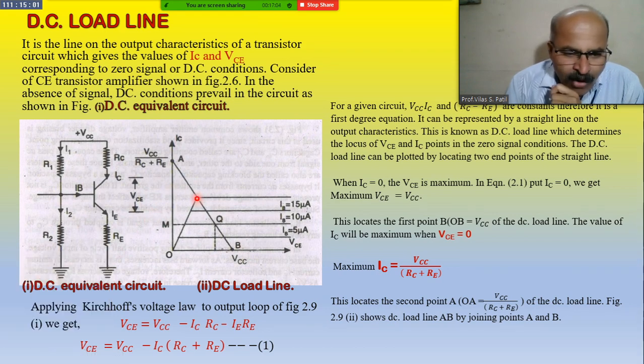All the points on the AB DC load line within this region are known as operating points.